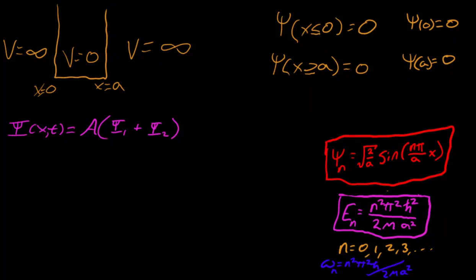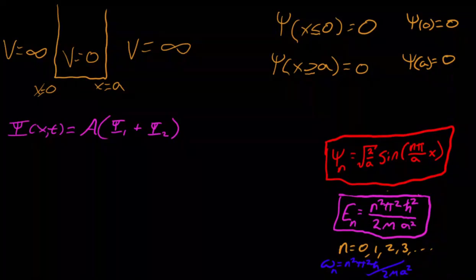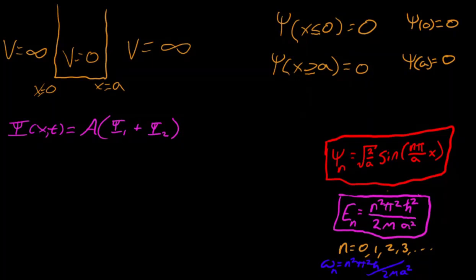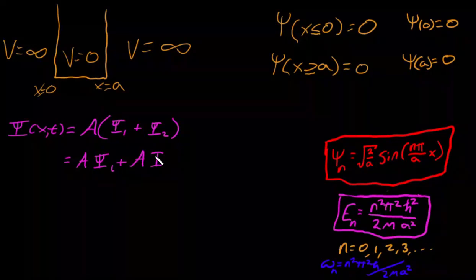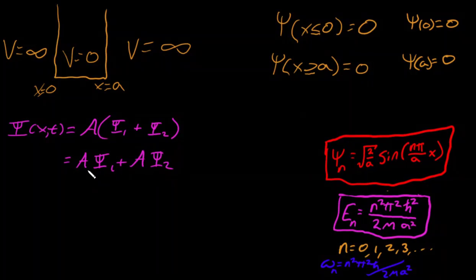And we know, because these states are orthogonal, if we're integrating over x, the t parts won't matter when we multiply, because they're orthogonal. And we showed, if we write it as a psi 1 plus a psi 2, we know that the sum of these coefficients norm squared has to be 1.